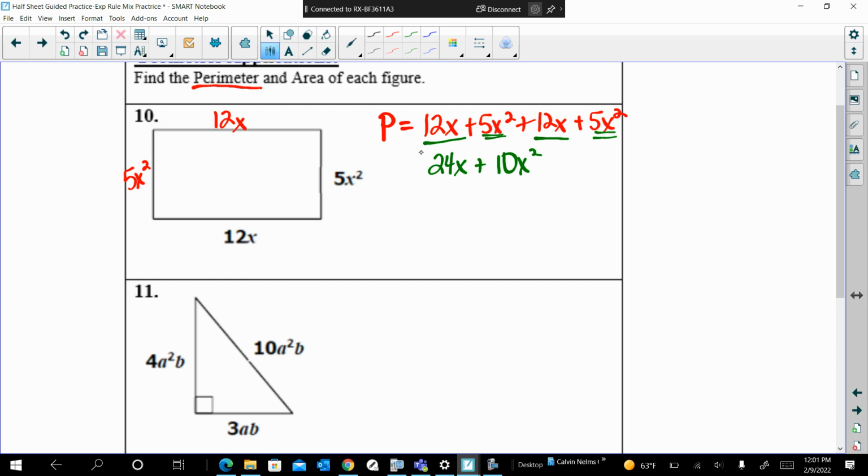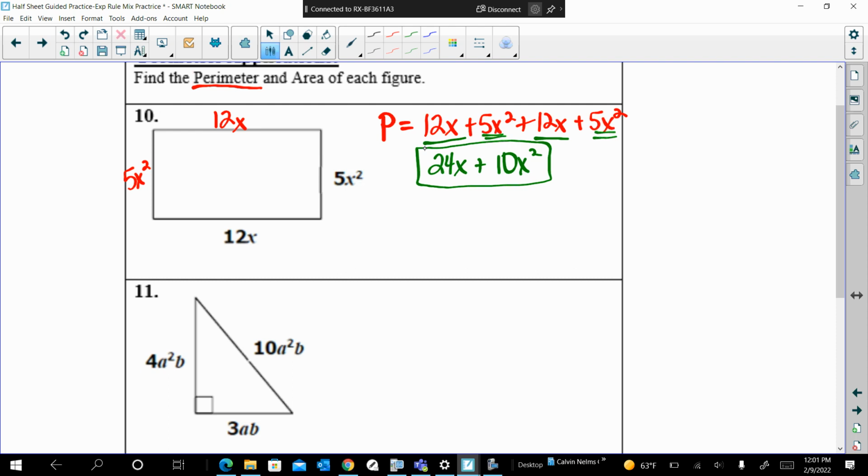And that is our expression for the perimeter. That's our answer for this one. There is no solving, we have to have numbers and an equal sign. They're not like terms. We would need some actual values to do another step. All they want you to do really is to write an expression to represent the perimeter.